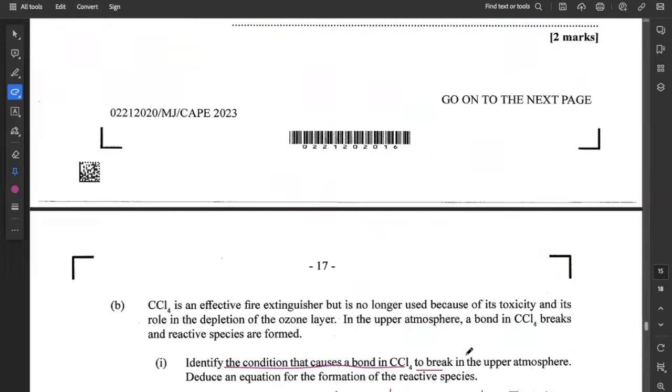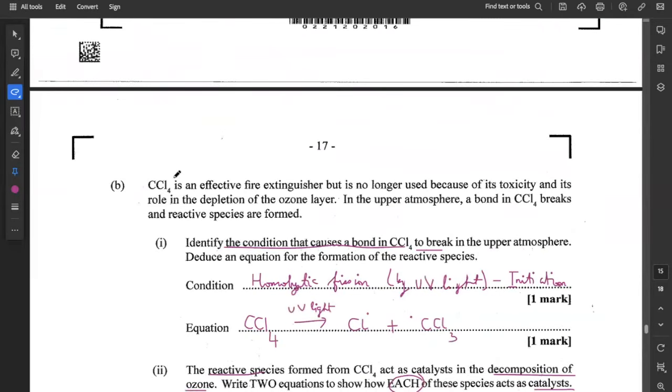So moving along to part B, it says: tetrachloromethane, CCl4, is effective in fire extinguishers, but it's no longer used because of its toxicity and its role in the depletion of the ozone layer.